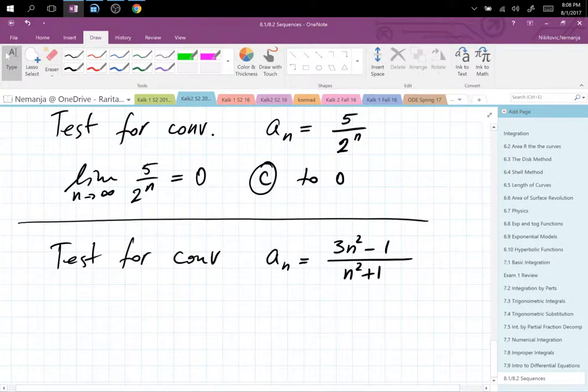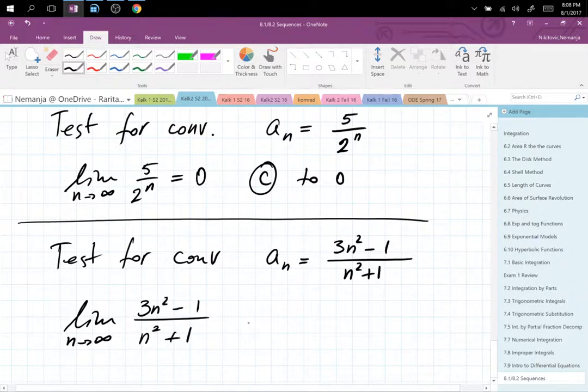How do we do this limit from Calc 1? Ratio of leading coefficients to the powers of equal. Ratio of coefficients, yes. So we divide by n squared everywhere. That's the highest exponent.